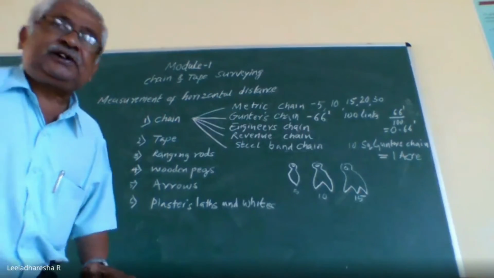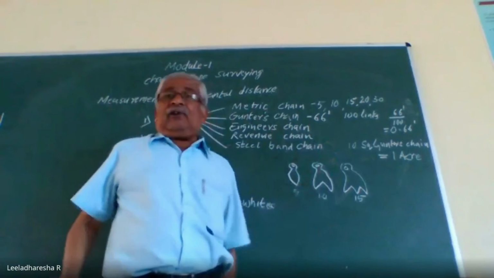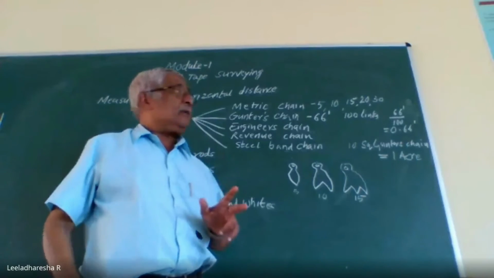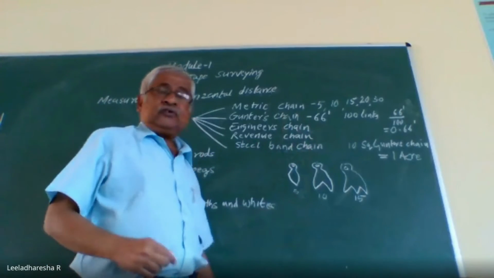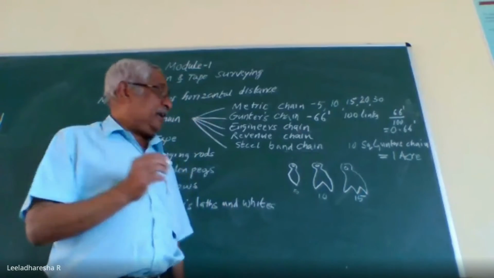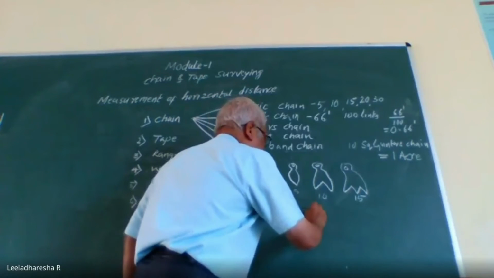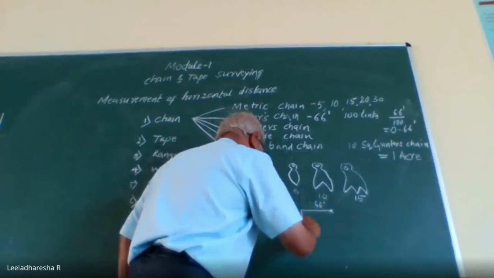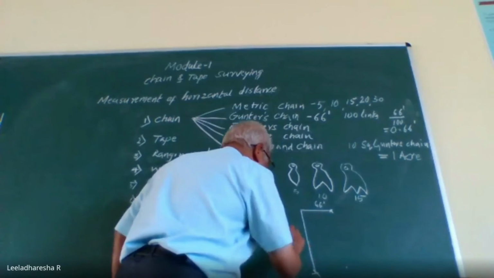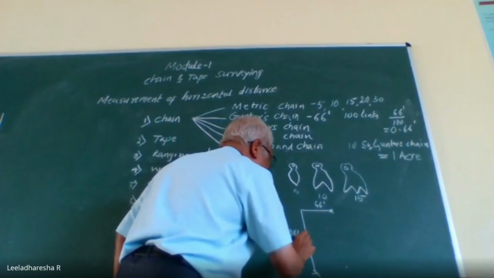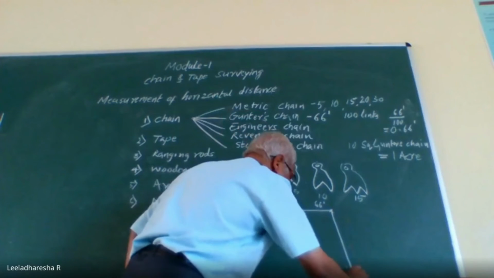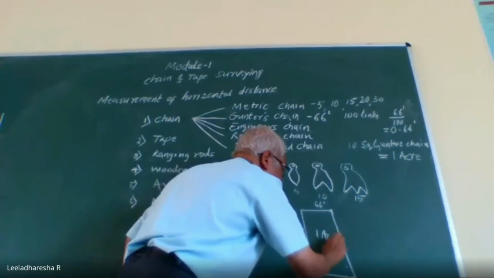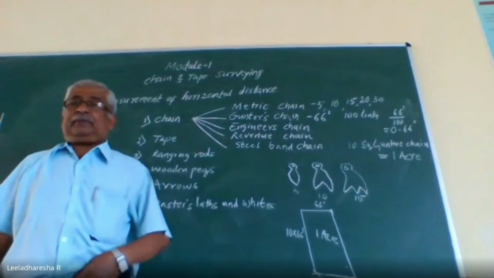If you want to measure 1 acre of land, how many Gunter's chains are required? 10 square. 10 square Gunter's chain is equal to 1 acre. You spread 1 Gunter's chain of 66 feet like this, and 10 times 10 into 66 feet. This area enclosed is called 1 acre. This is equal to 1 acre of land.